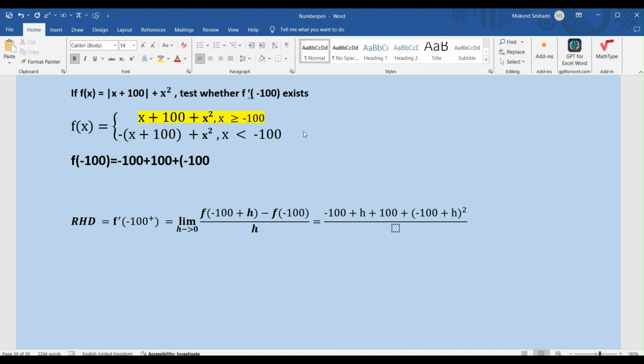Minus 100, the whole square. So my 100 and 100 get cancelled, and I have minus 100 the whole square as my f of minus 100, right? So let's retain it like that, right? And let's see what we get as we substitute it in the RHD, right?